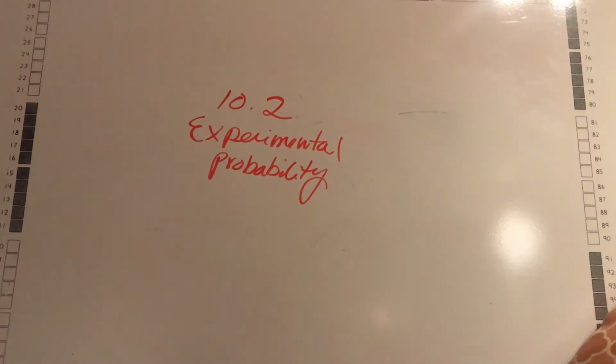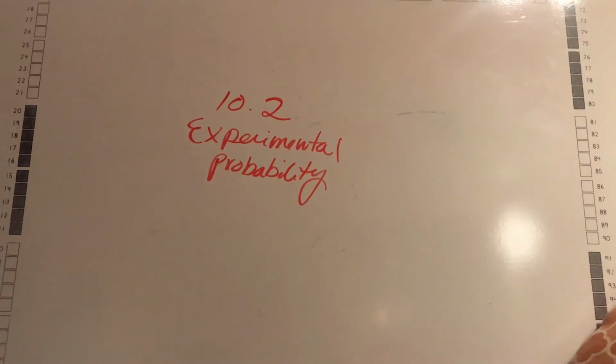So in 10.1, we did probability. In 10.2, we're going to do experimental probability. Experimental probability is comparing, or writing in fraction or percent form, the number of times that something did happen out of the number of trials.